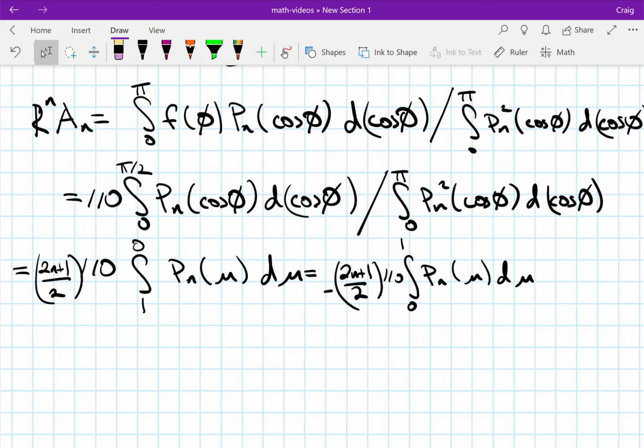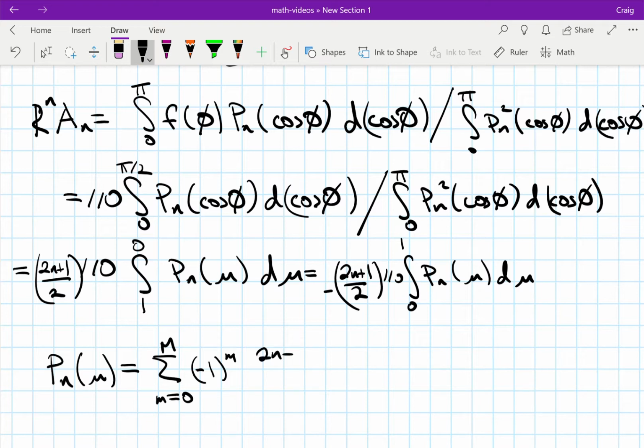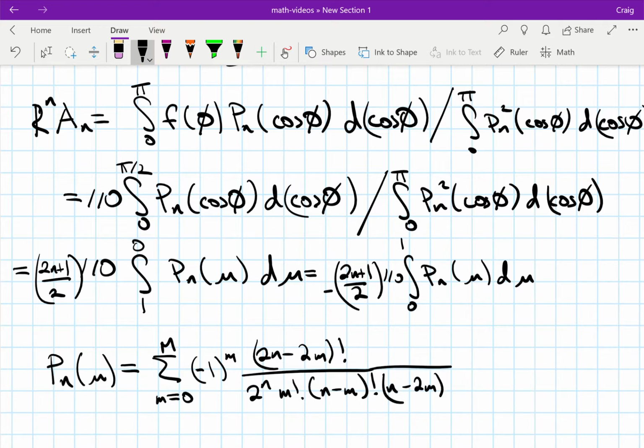So Pn of mu, that's going to be a sum from m equals 0 to capital M, I'll define capital M in a moment, (-1) to the m, and I have a 2n minus 2m factorial divided by 2 to the n, m factorial, n minus m factorial, n minus 2m factorial.